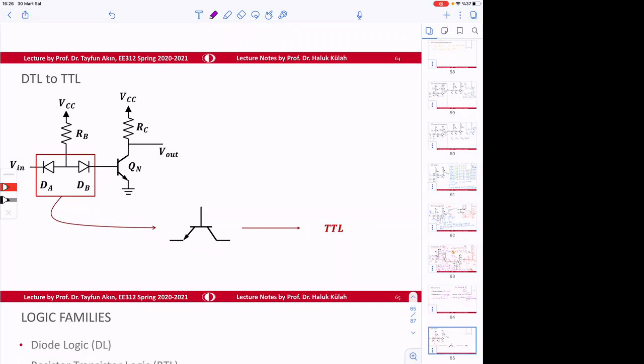But TTL was much more popular for BJT-based gates. And I guess one person looked at this, two diodes back to back, and said, oh my God, this is a transistor. Instead of drawing two diodes back to back, if you draw this circuit, then you also have two diodes back to back.